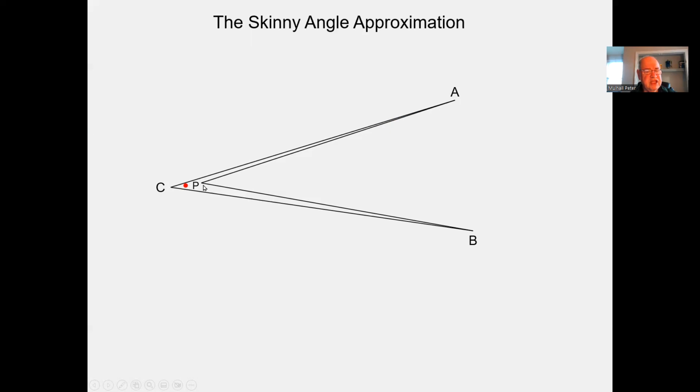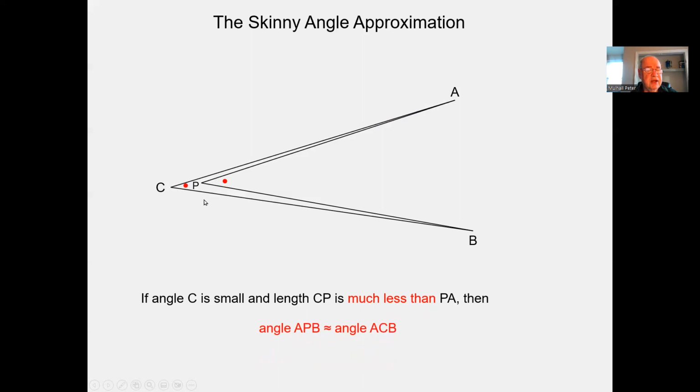If this distance here from C to P is very small compared to the distance from C out to A, or equivalently P out to A, because C and P are very close together, then one can say, using the skinny triangle approximation, that the angle P is approximately equal to the angle C.